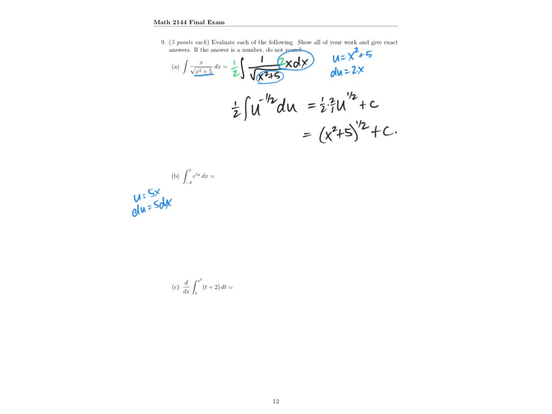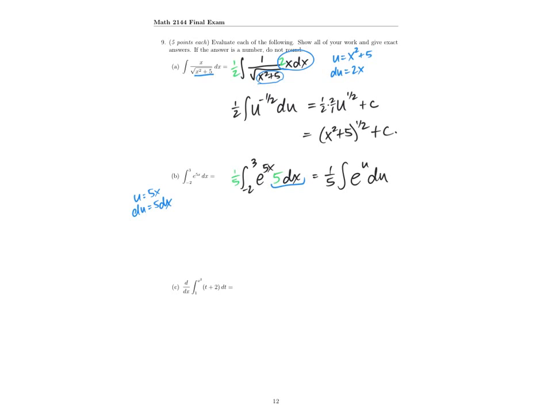And so what I want to do is multiply a 5 in here and a 1/5 out here. And so then I can see that's my du, and that's my e to the u. So I'm going to have 1/5 times the integral of e to the u du.